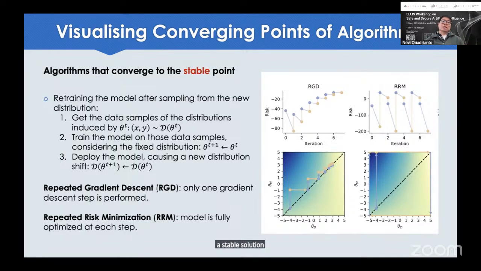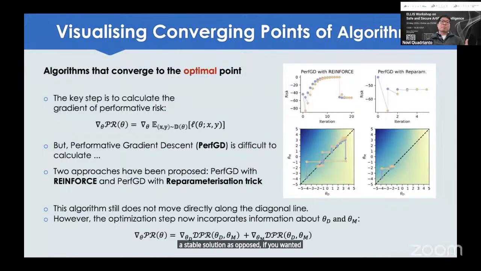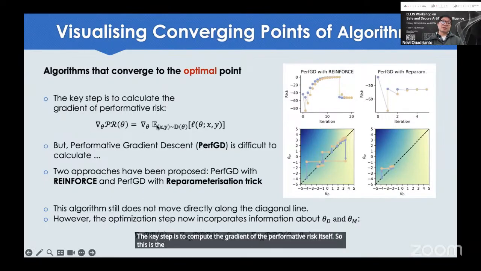As opposed, if you want to get an optimal point, the key step is to compute the gradient of the performative risk itself. So this is the performative risk that we described before. What you want is the gradient with respect to that performative risk.